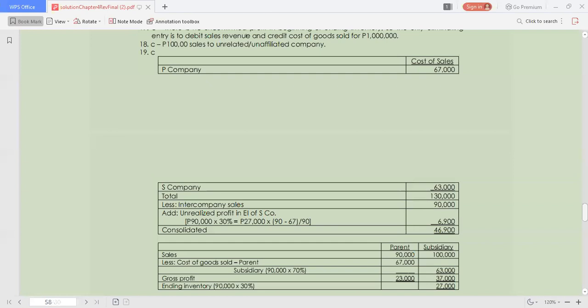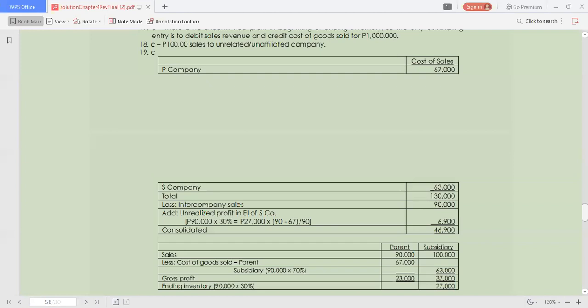So 27,000 multiplied by 90, that's the sales price. Then we deduct 67 being the cost. So we now get 23 over 90.